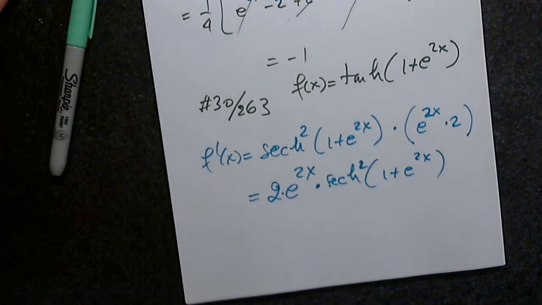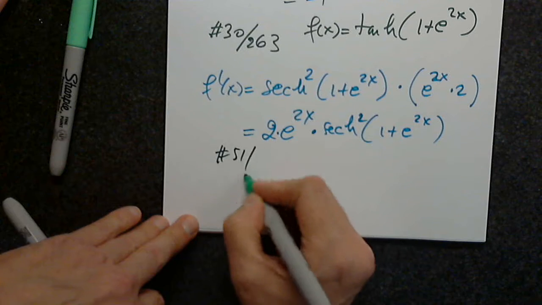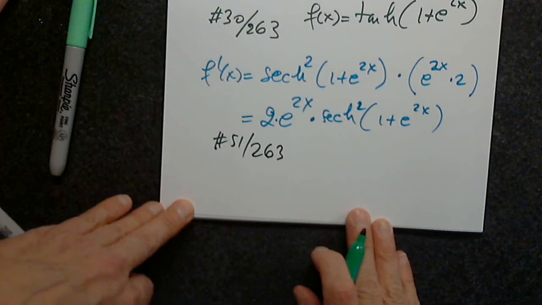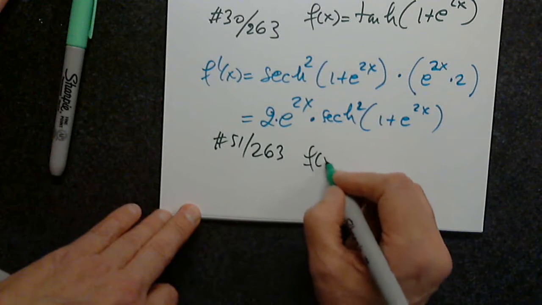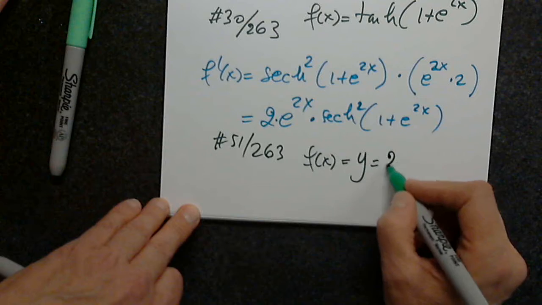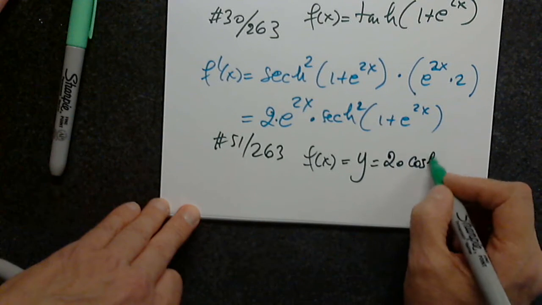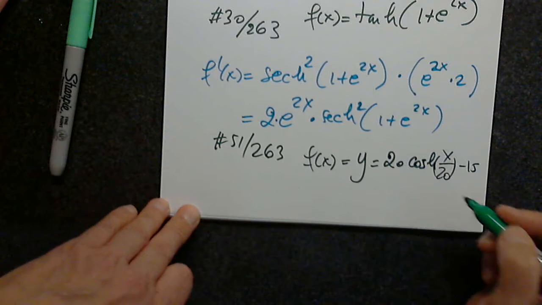So let's copy the function. This is problem 51 on page 263. So here's the function. F of x, or y, same thing, equals 20 hyperbolic cosine of x over 20 minus 15.